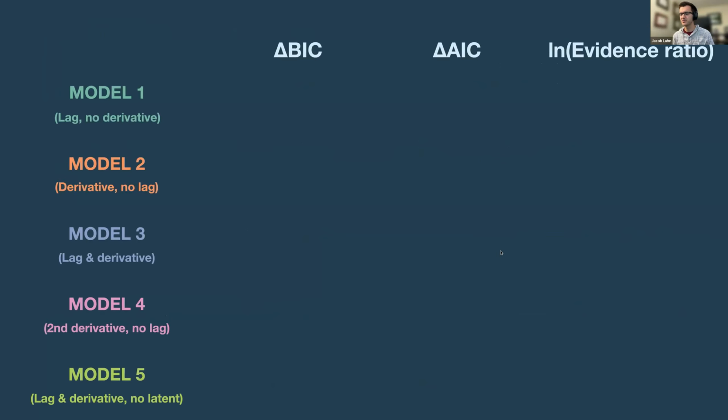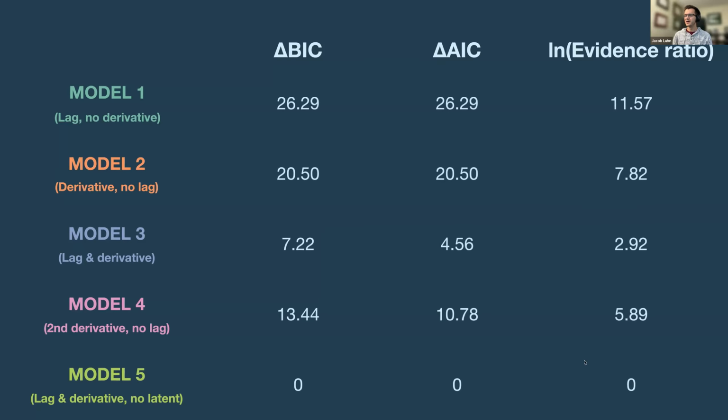So just summarizing our results, we've thrown this through our nested sampler to compute accurate evidence ratios. And our model 5, this lag derivative model, is the best performing model, with all of the rest of these values computed relative to it.